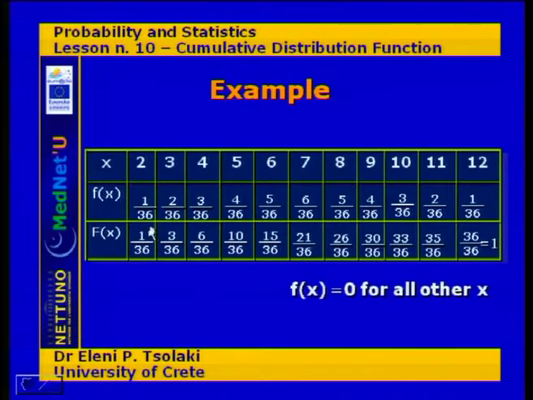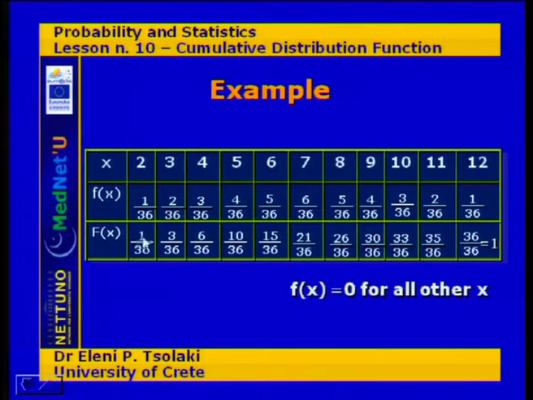At exactly point 2, we have 1 over 36, the probability that X takes the value 2. So the cumulative distribution function becomes 1 over 36.